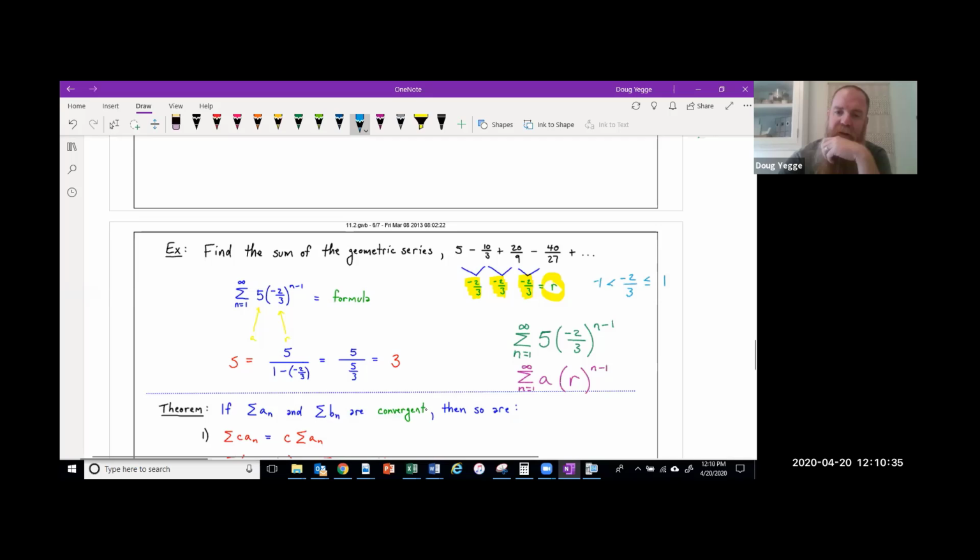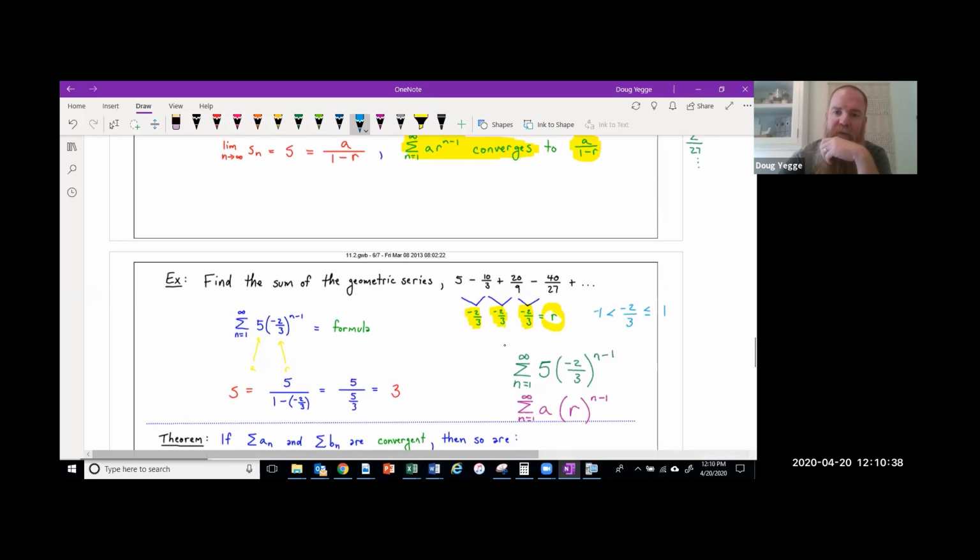But we just learned that not only do we know that this geometric series converges, but we also know what it converges to. It converges to A divided by 1 minus the common ratio. So if I plug that in, I get 5 divided by 1 plus 2/3, which is 5/3. And therefore, all of these terms will converge to 3. And that would be our answer.